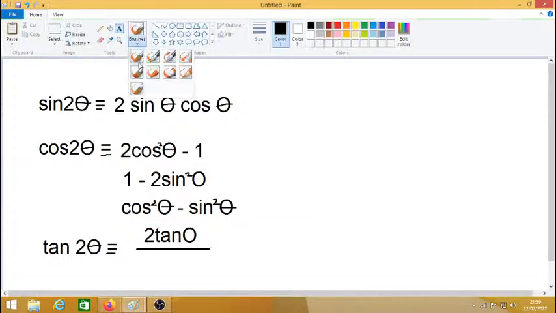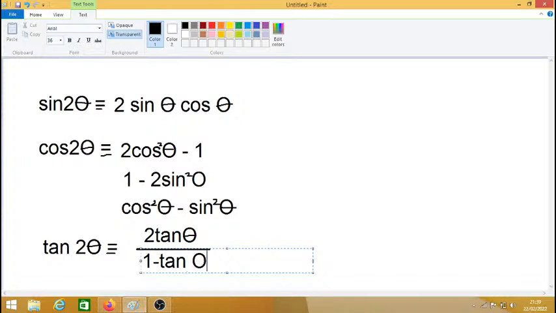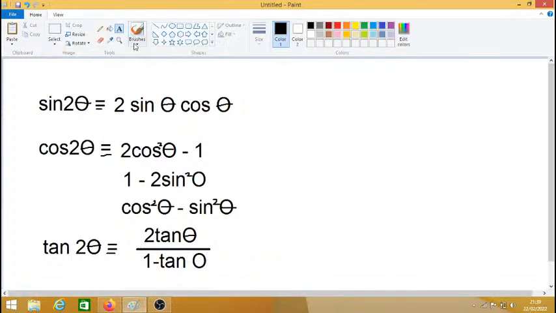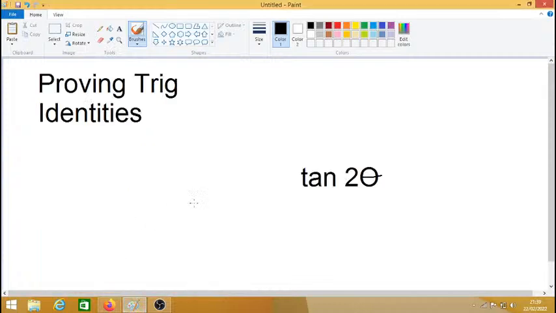And on the bottom, you have 1 minus tan squared theta. And it's the last one we're going to need in today's question. So let's take a look at today's question.